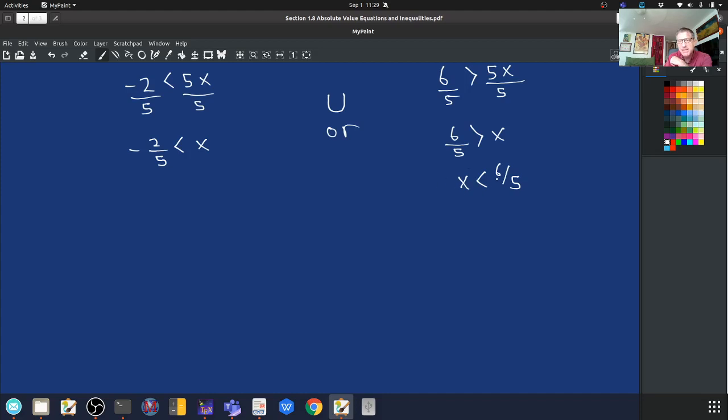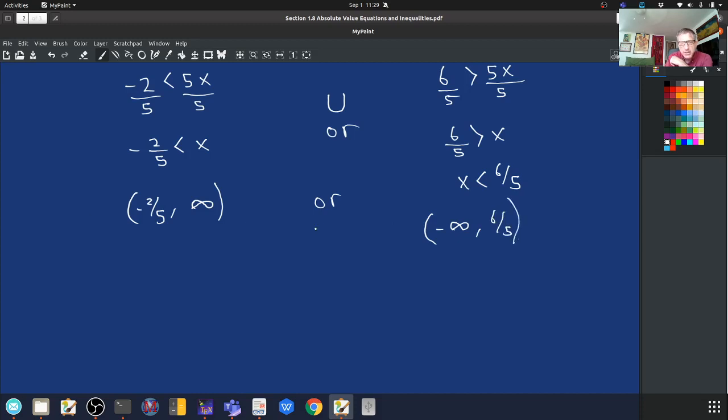So that makes it easy now that they're facing both directions. So this says x is greater than minus 2/5. Minus 2/5 is not included, but it's all values of x that are greater than minus 2/5. And over here, x is less than 6/5, and 6/5 is not included.